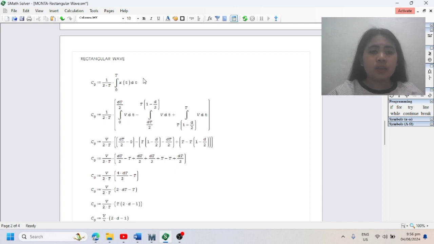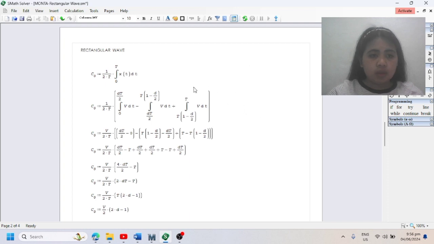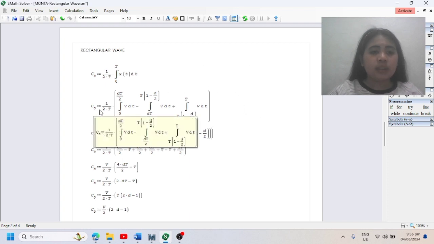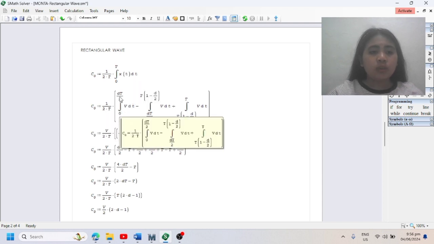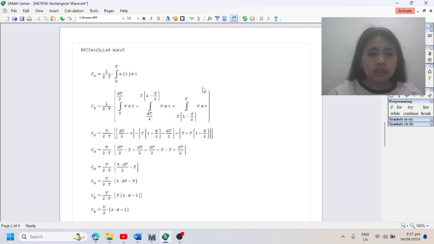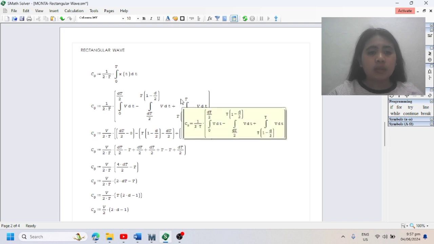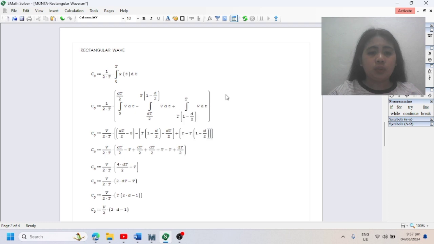So upon substituting the value of x(t), c sub 0 is now 1 over 2T times the integration of 0 to dT over 2 of V dt, minus the integration of dT over 2 to T times (1 minus d over 2) of V dt, plus the integration of T times (1 minus d over 2) to T of V dt.